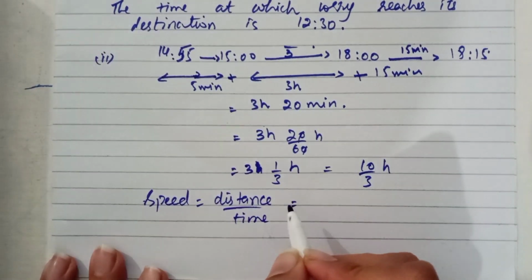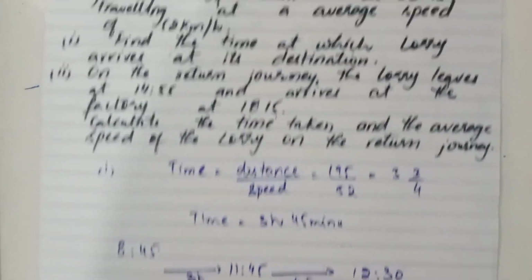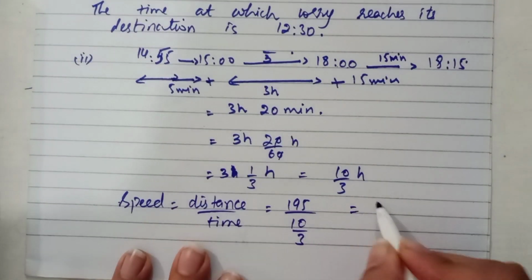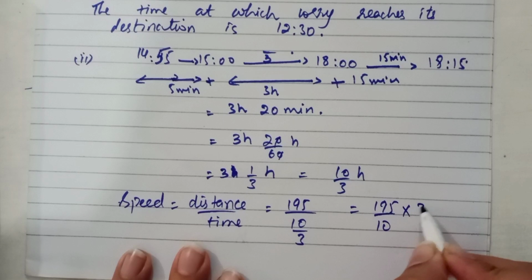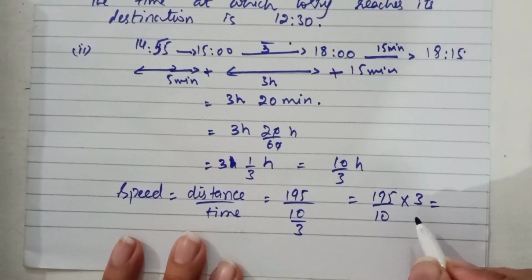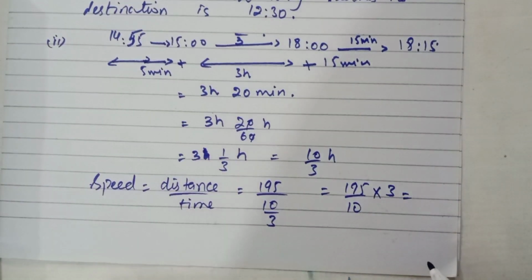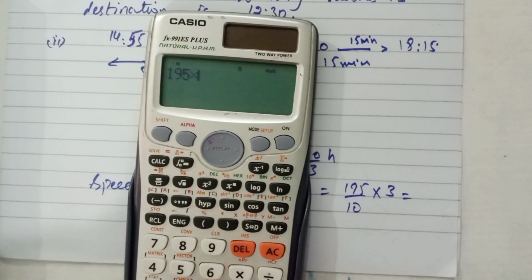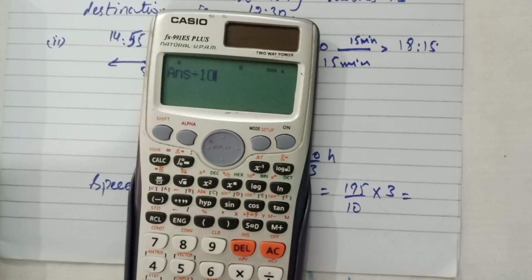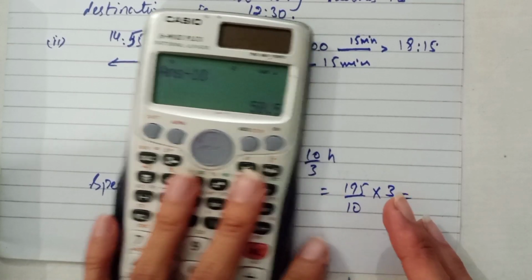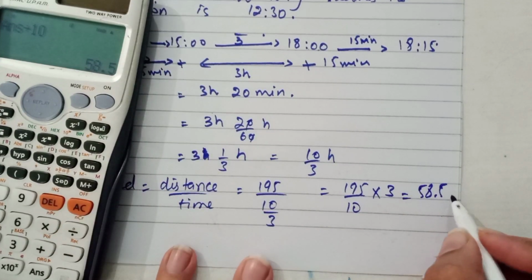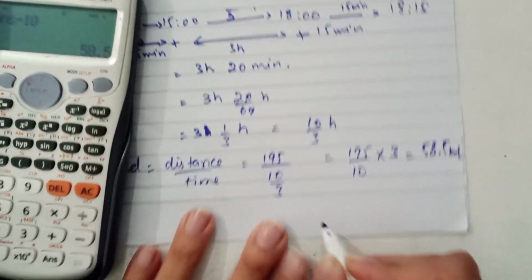The total distance covered is 195 and time is 10 over 3. 195 multiplied by 3 divided by 10, we calculate it and we get 58.5 kilometers per hour.